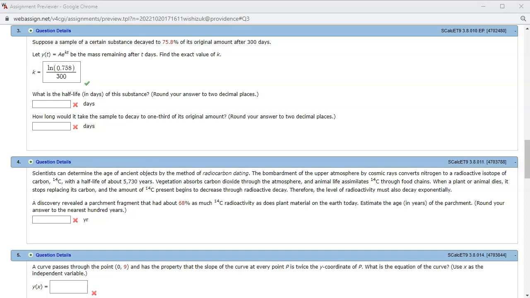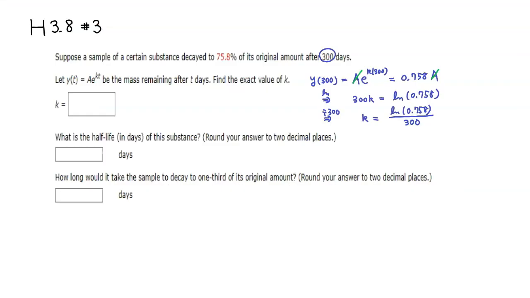Next question: what is the half-life of this substance? We just have to set the function equal to 1/2 of the original amount and then solve for t. I'm going to write the equation in a slightly different way.